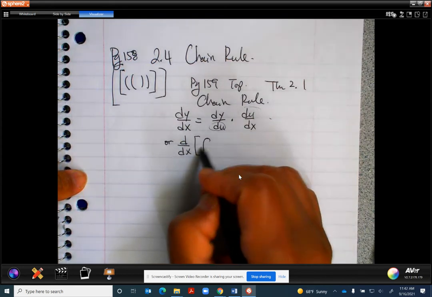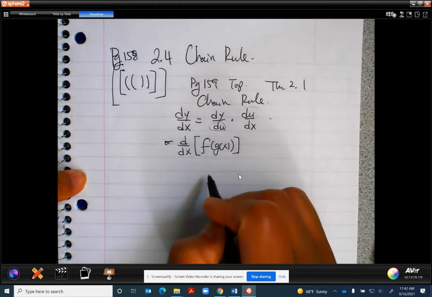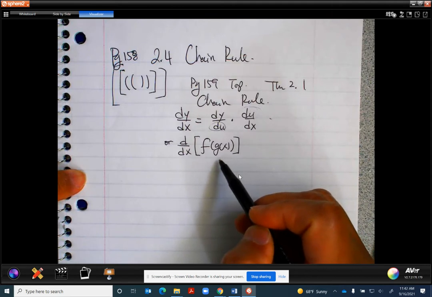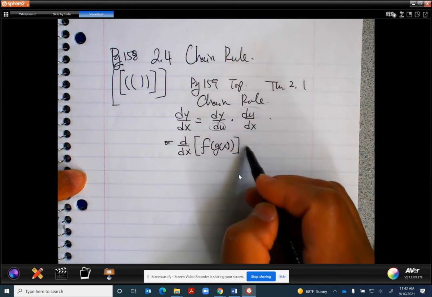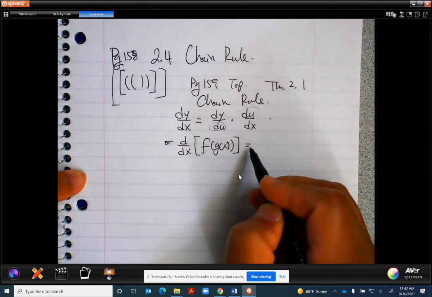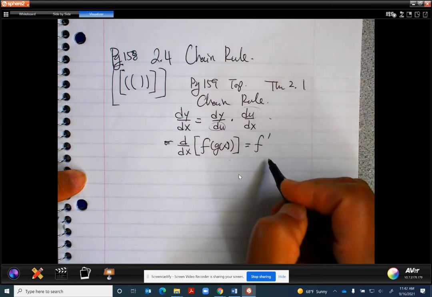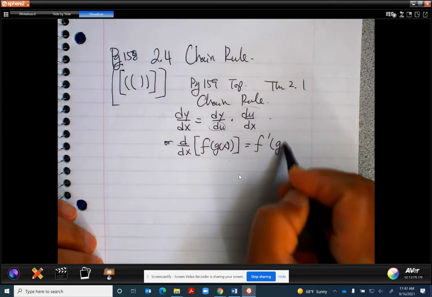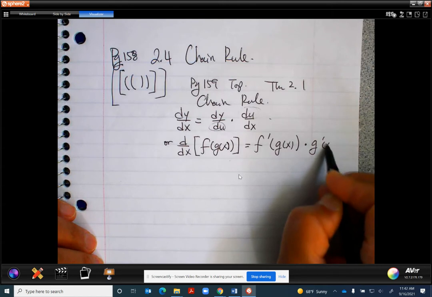d of dx, f of g of x. I like this method because it shows you the brackets and parentheses. So you can see the multiple parentheses within each other. This one says you take the derivative of the outside, but you don't do anything to the inner parentheses, you leave it alone, times, you multiply by the derivative of the inner parentheses.